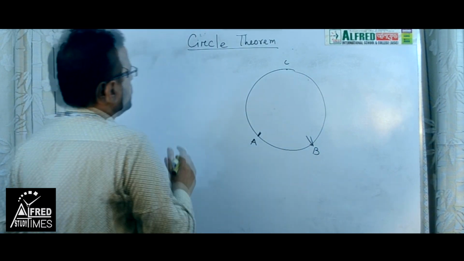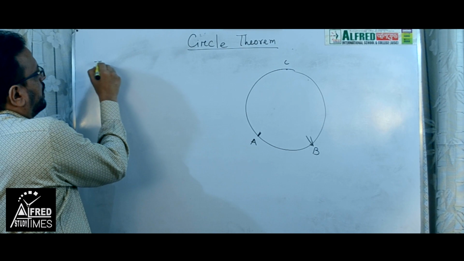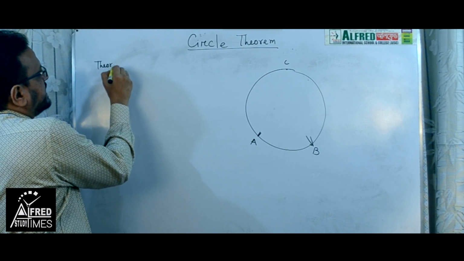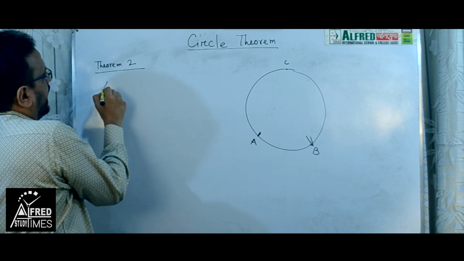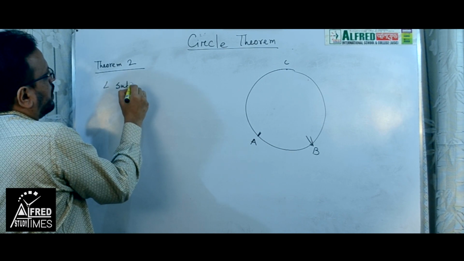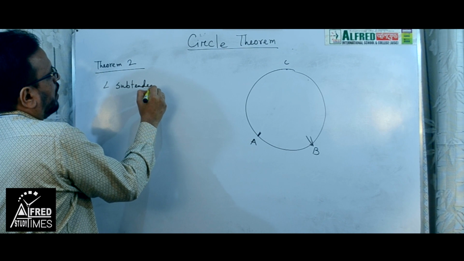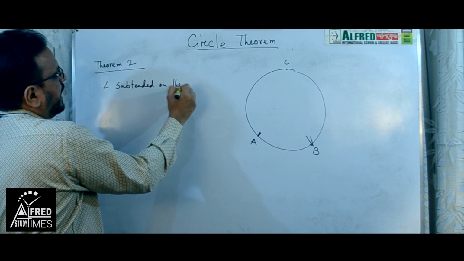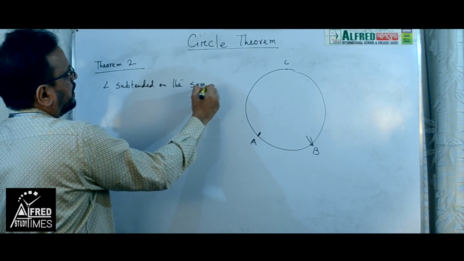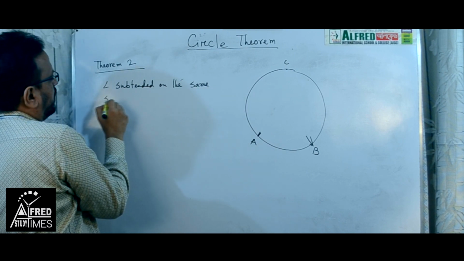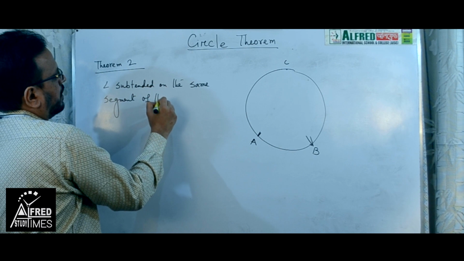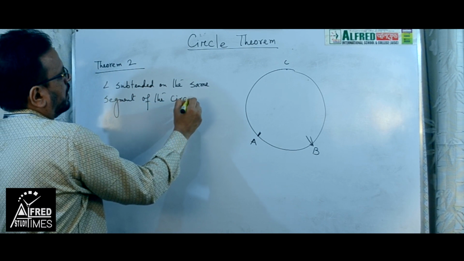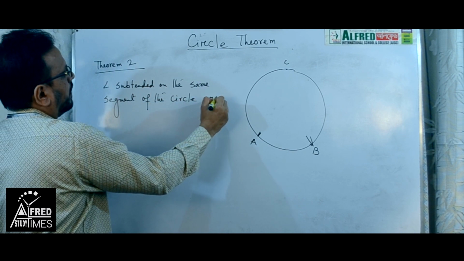Now theorem number 2 says that angle subtended on the same segment of the circle are equal.